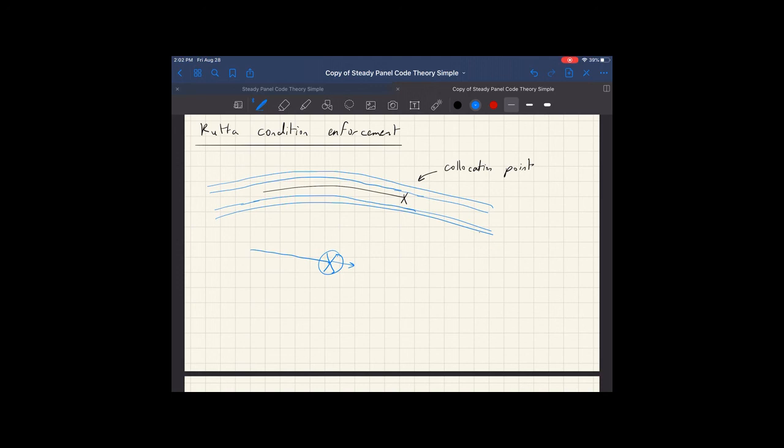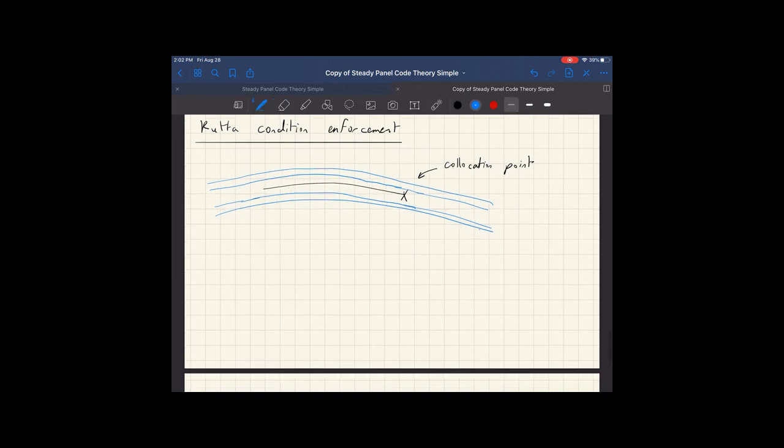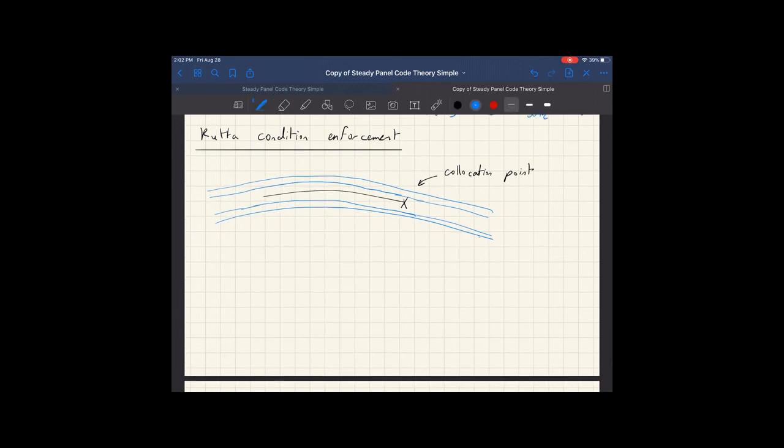Now, if there was a normal component to the velocity at the trailing edge, then the total velocity vector at the trailing edge is not tangential, and thus the flow does not leave smoothly. So we have implicitly satisfied the Kutta condition by putting a collocation point at the trailing edge.